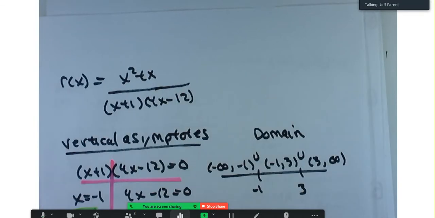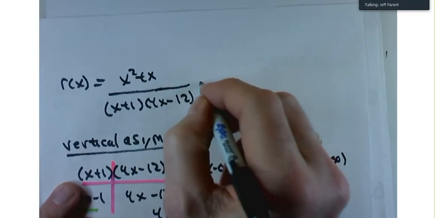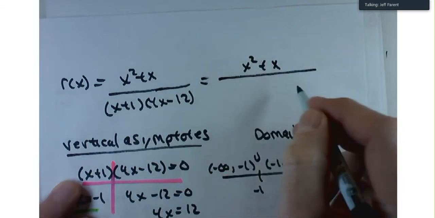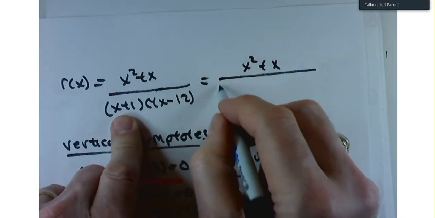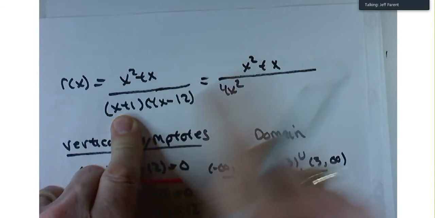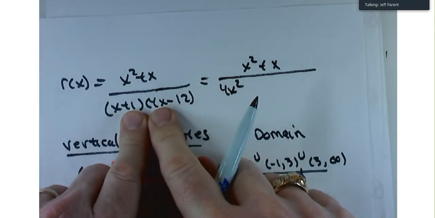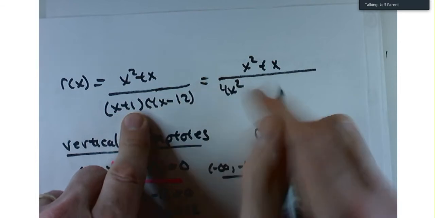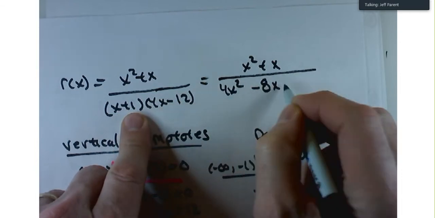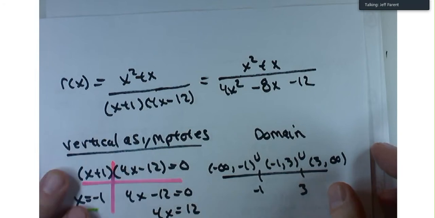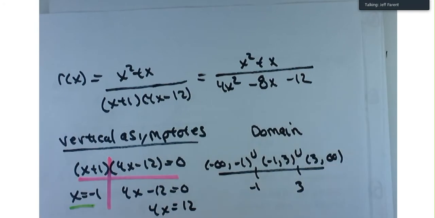I'm going to FOIL this out in the denominator. That's going to be x squared plus x in the numerator. In the denominator, I'll get 4x squared minus 12x plus 4x. So minus 12 plus 4 is minus 8x minus 12. And the key thing to see here is the leading coefficients.